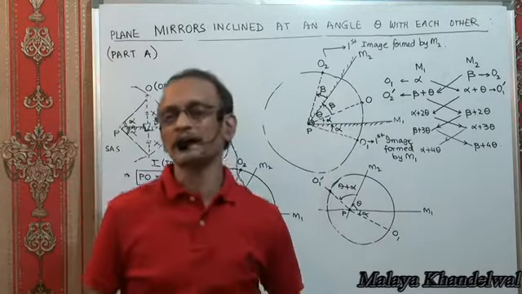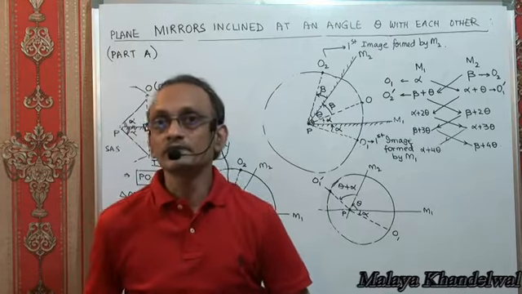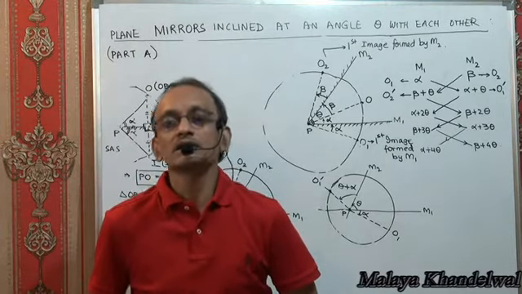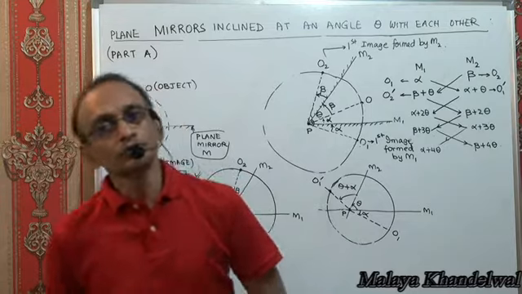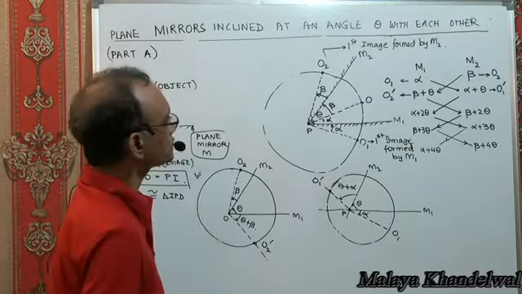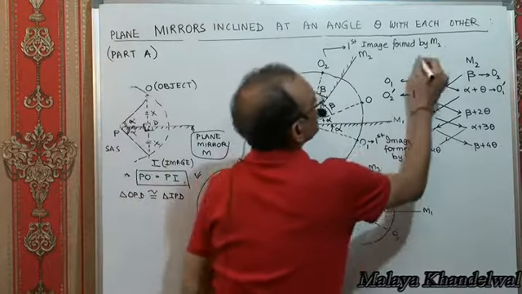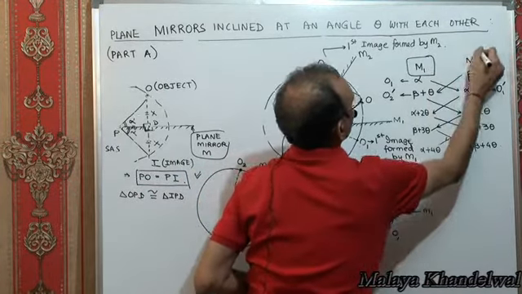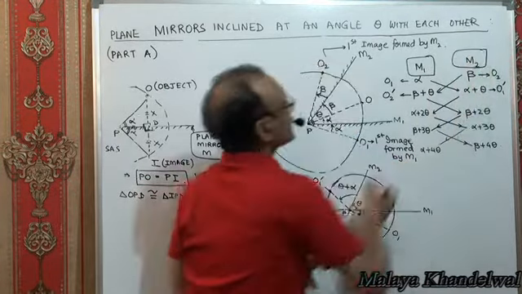Now, first of all, in order that our algebra is not complicated, we will measure angles from the two mirrors. So, let me call mirror M1 and mirror M2, and let's start locating their respective images. First things first.